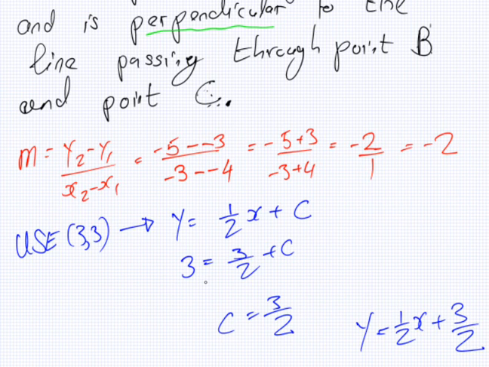A, which is here. B, which is here. And then C, which is here. A is the point 3, 3, and B is the point minus 4, minus 3, and then C is the point minus 3, minus 5.